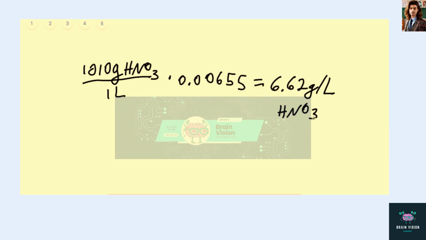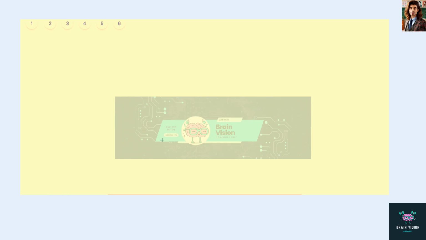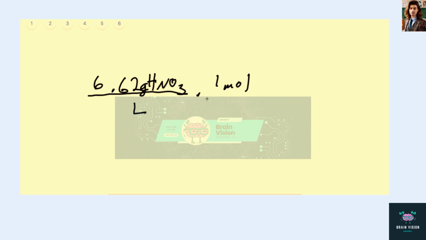Now that we have the mass in 1 liter of solution, we can find the molarity by dividing by the molecular mass of nitric acid. So we take 6.62 grams nitric acid per liter and divide by the molecular mass, which is 63.01 grams per mole.